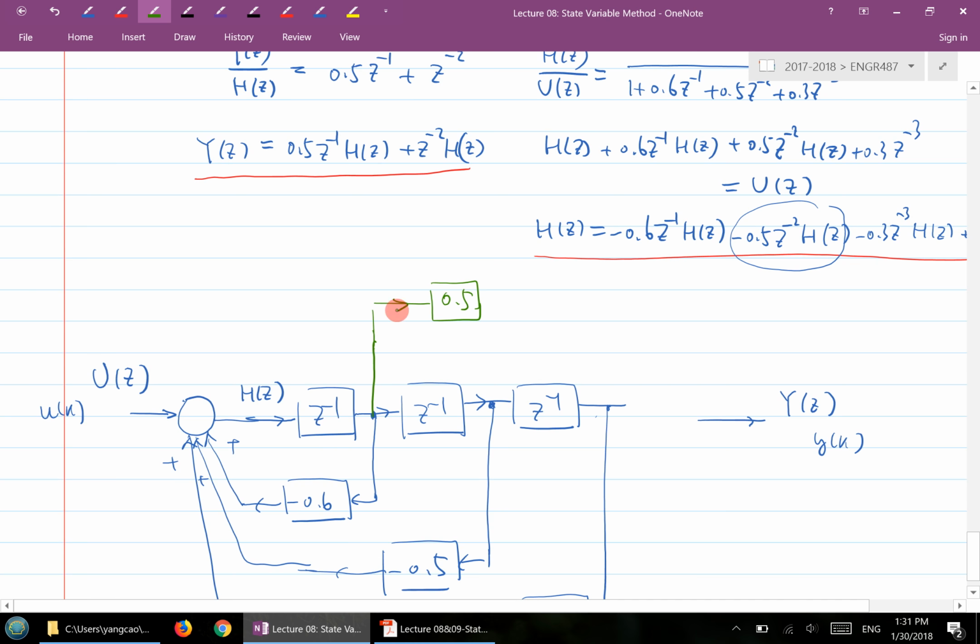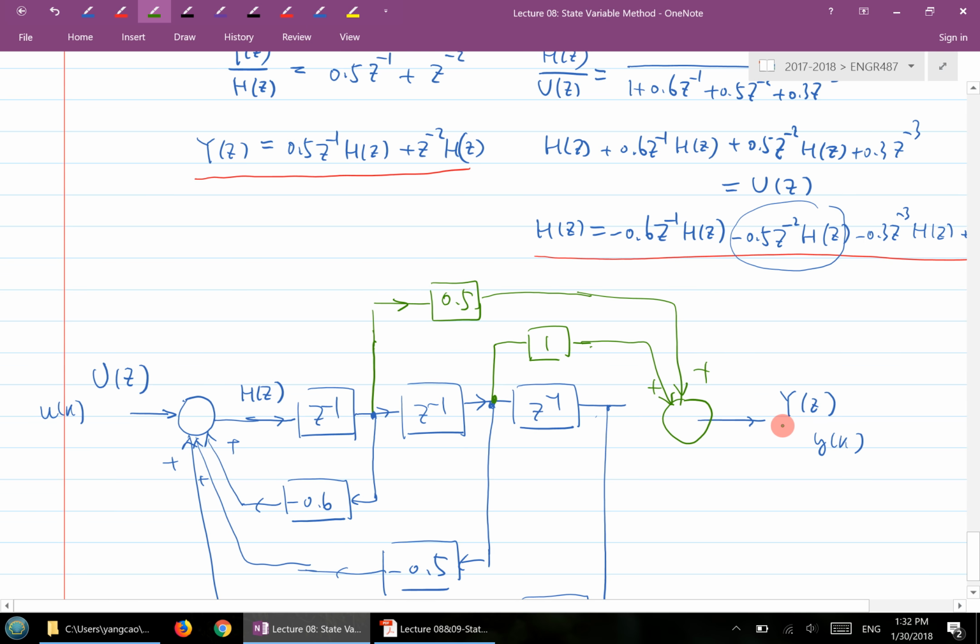And then you have another one, z to the power negative 1 h over z, which is at this location. Of course, the gain in front of it is 1. And then you add these two up, and you get your output of y over z.